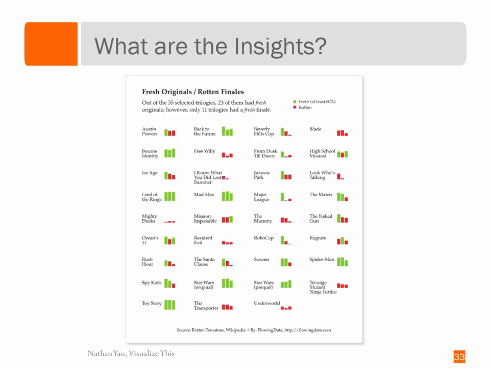So basically 23 of these franchises started off with a fresh original. The second insight is only 11 of these franchises ended with a fresh finale or fresh third film. So then we could take a look at what's the third column in each of these. And as we start reviewing through there, we can see, yep, not nearly as many have a green finale.